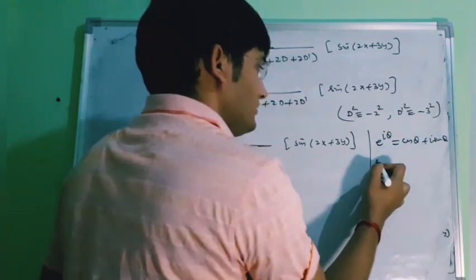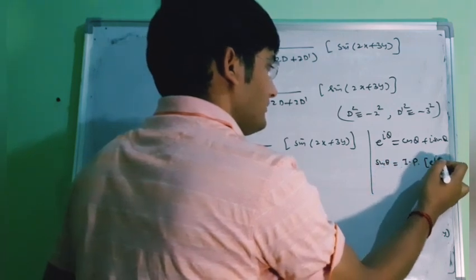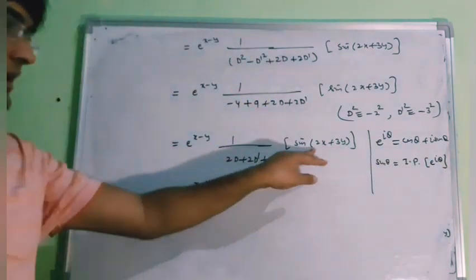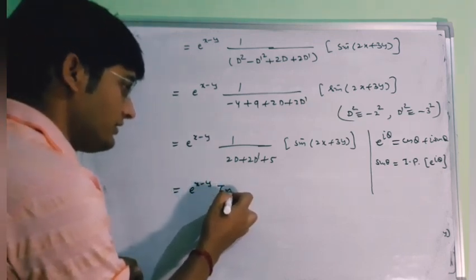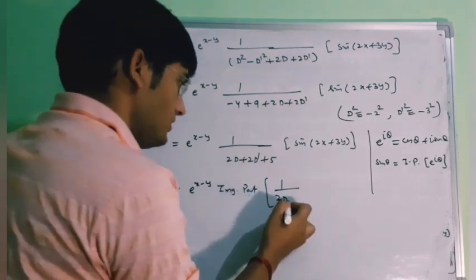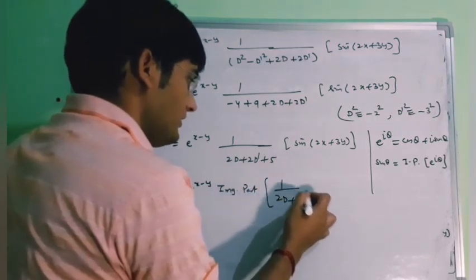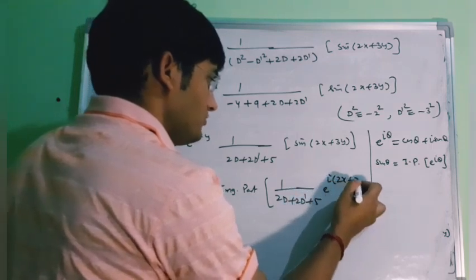So we can say that sin theta is the imaginary part of e to power i theta. So let us replace this sin theta by e to power i theta, and finally we will take the imaginary part. So the imaginary part of this term, 2D plus 2D dash plus 5, and then in the bracket we will have e to power i(2x plus 3y).